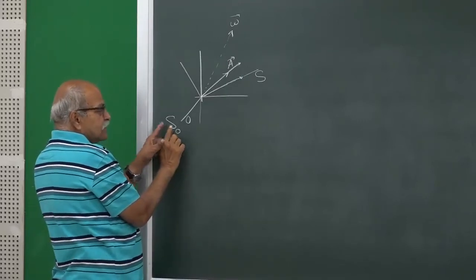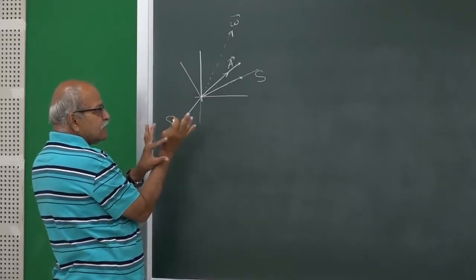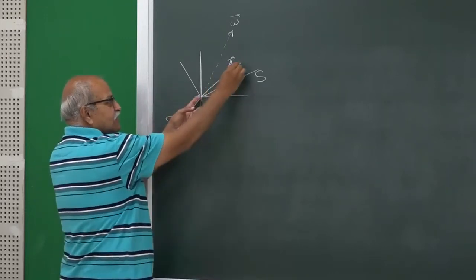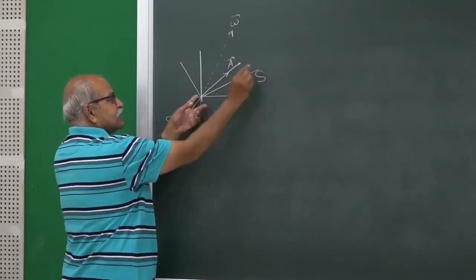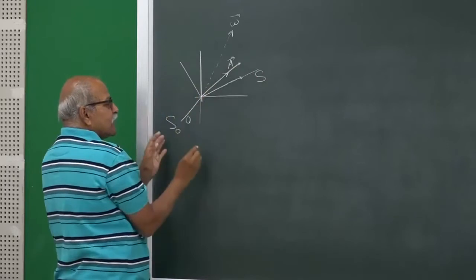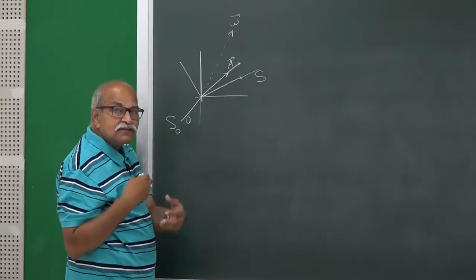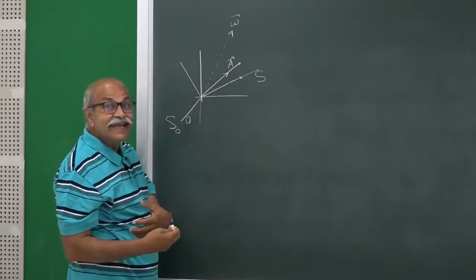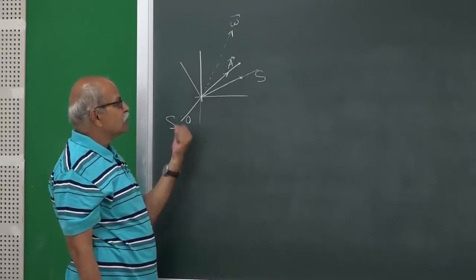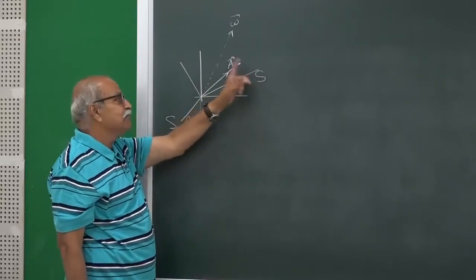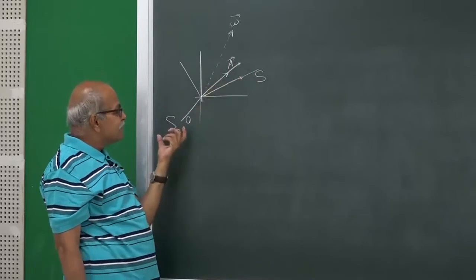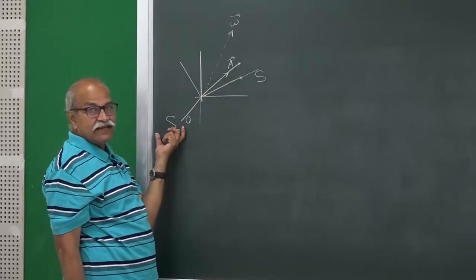S naught frame, this whole frame is rotating. So, this vector A which is fixed in this S is also rotating, and that means as a function of time this vector is changing in S naught. It is not changing in S, it is fixed in S, but it is changing as a function of time in S naught.